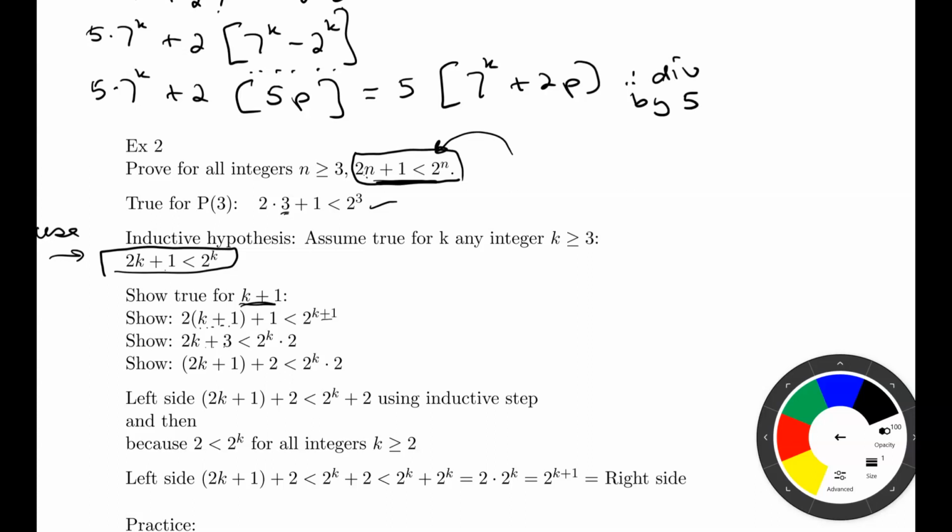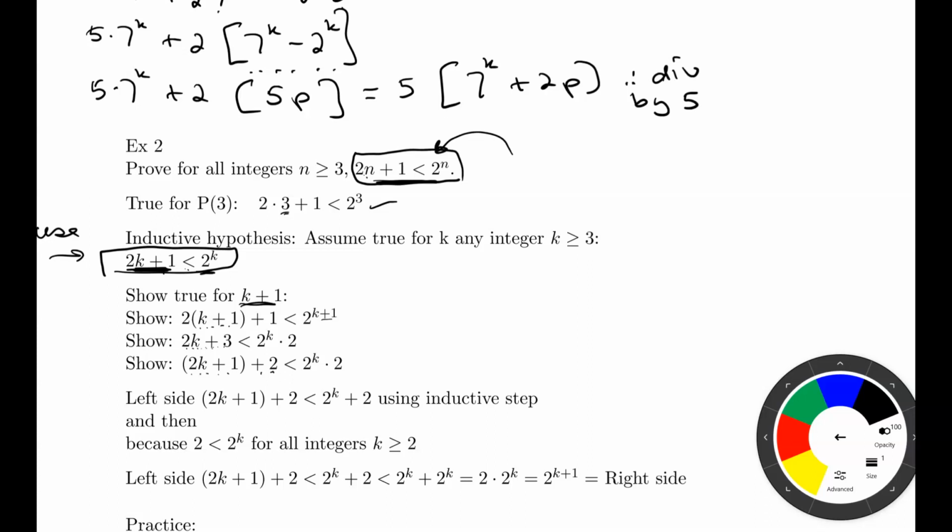Okay, so thinking about what I want to use, I want to use this. That's why I'm taking this 2k plus 3 and breaking it up into 2k plus 1 plus 2, right? So now I can take this out and put this in, with an inequality sign. So let's do that.